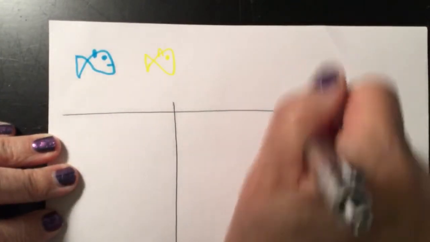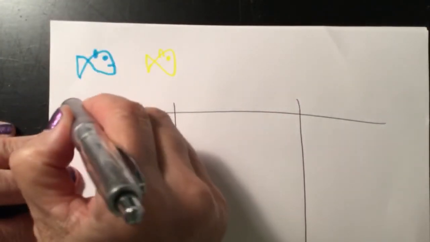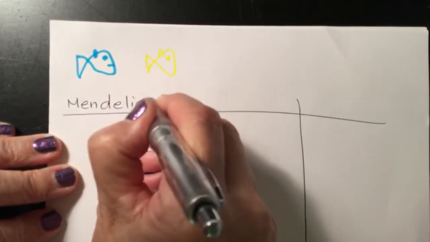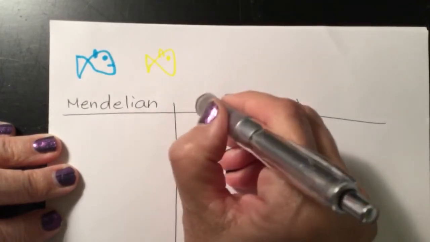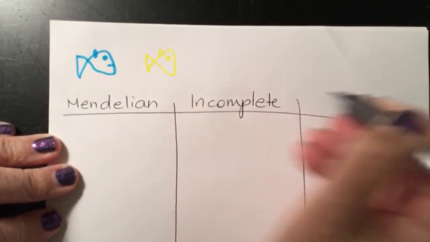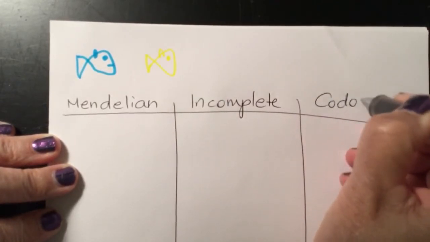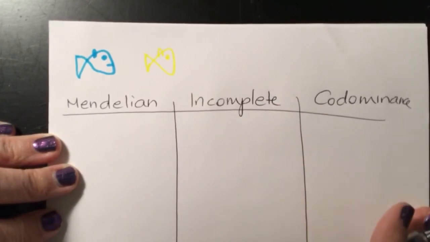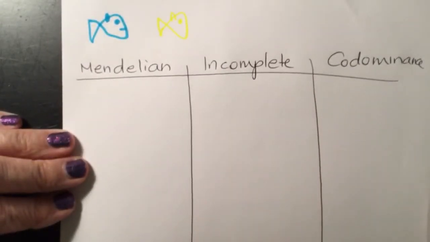I'm going to call this Mendelian, and I'm going to go all the way down the Mendelian column because then I can show you the incomplete and the codominance. So we can compare these 3 things. And it's okay if you can't see this last column right now. I'm going to move it over.